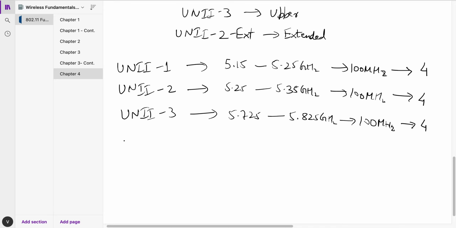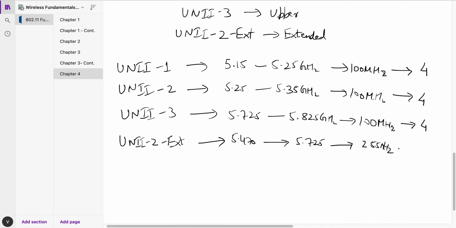Now the new band, that is UNII 2 Extended, covers 5.470 to 5.725, giving us 255 megahertz of band, and this has 11 channels in it.